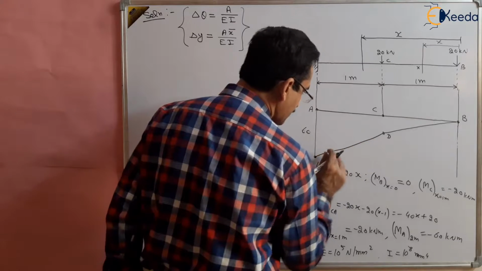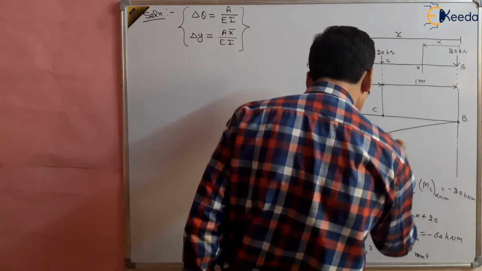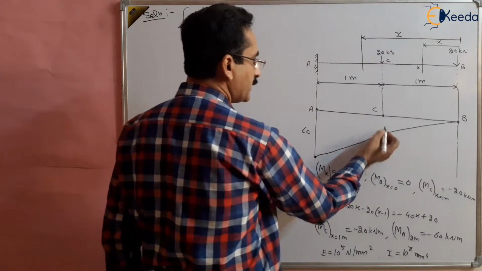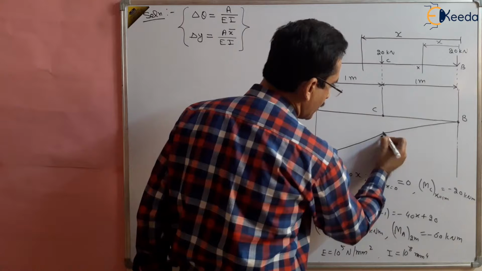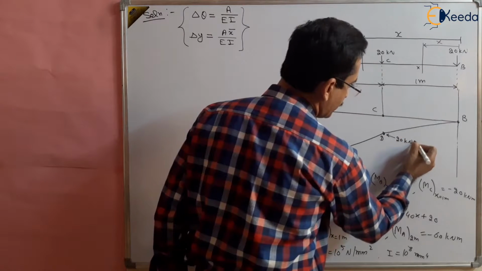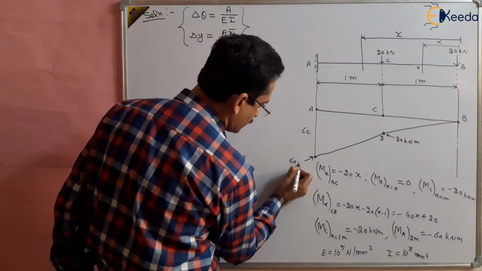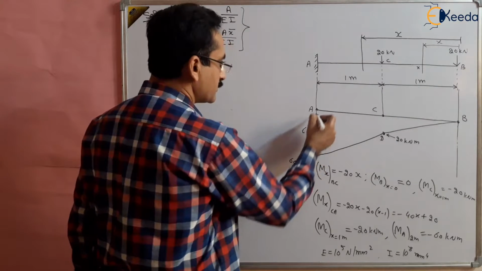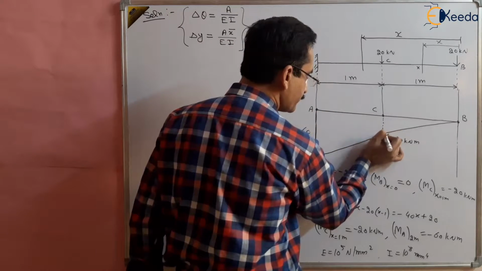So this is a linear variation. This is again a linear variation. From 20, this part is the bending moment at D point. At D point this is 20 kilonewton meter, and this bending moment is 60 kilonewton meter, right? So this part is 60 and this is 20.